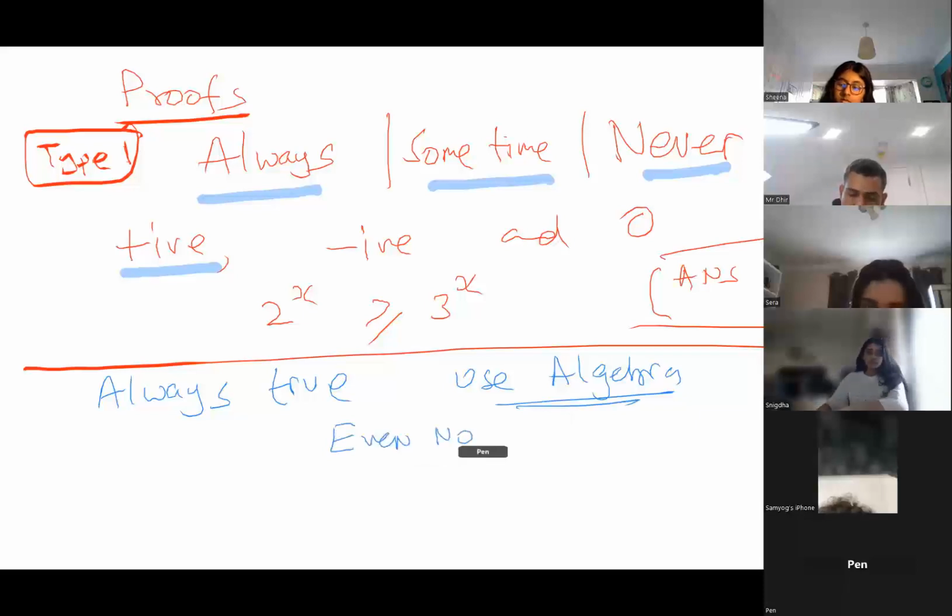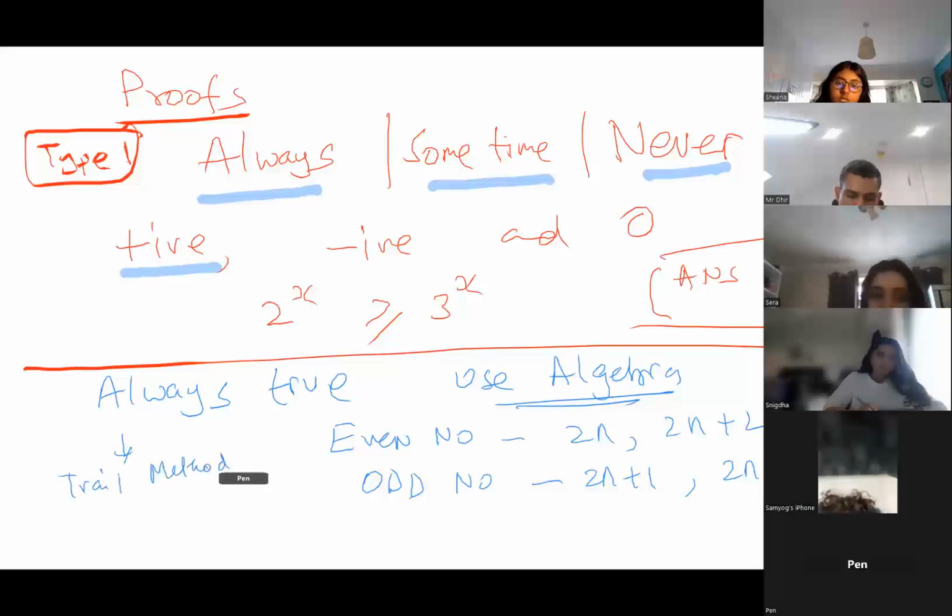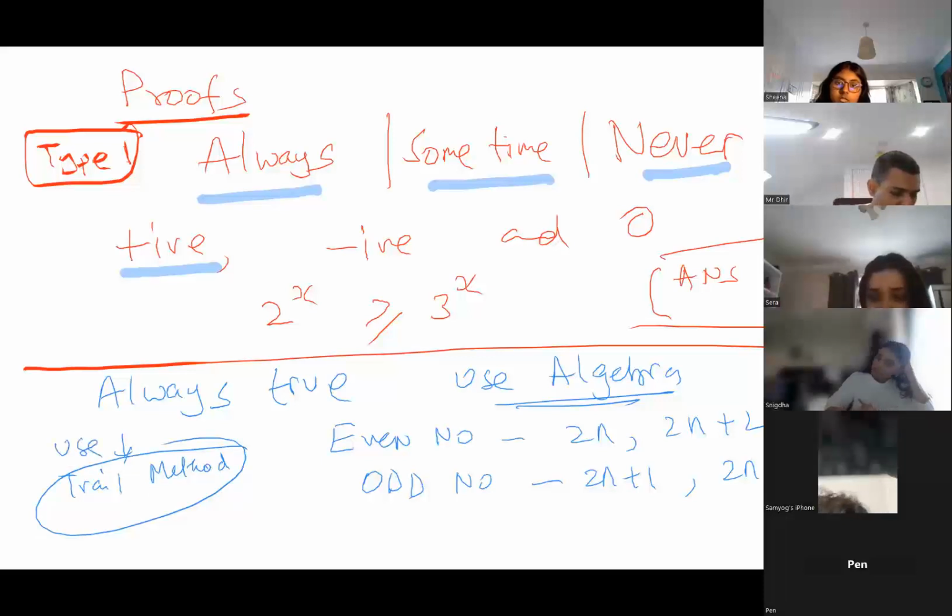What are the even numbers? Like 2n, 2n plus 2, and so on. And when it is an odd number, we use odd numbers, which is 2n plus 1, 2n plus 3, and so on. Now in this case, if you try the trial method, then you will not get any marks. So we need to be very, very careful with this part.